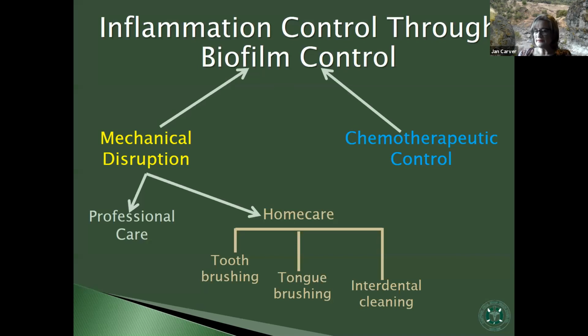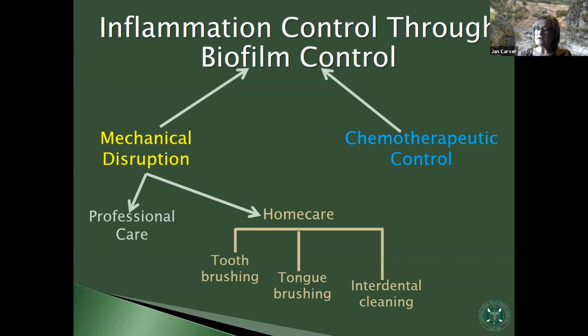So there are a variety of ways that we can control the inflammation in the mouth. Now, if somebody is diagnosed with periodontitis, they do need some professional treatment. There's stuff stuck on the teeth that needs to be cleaned off. The roots need to be cleaned off. All that can only be done professionally.